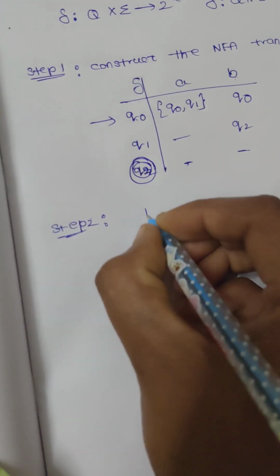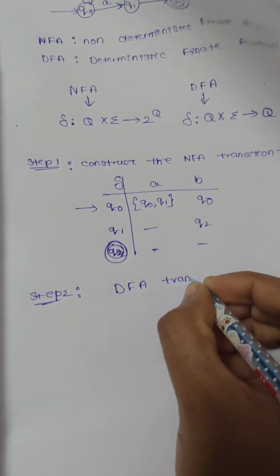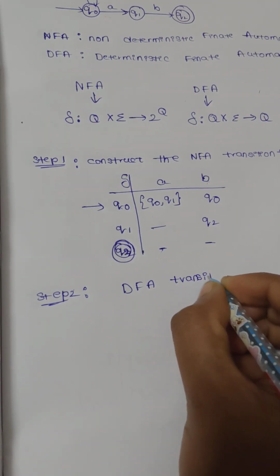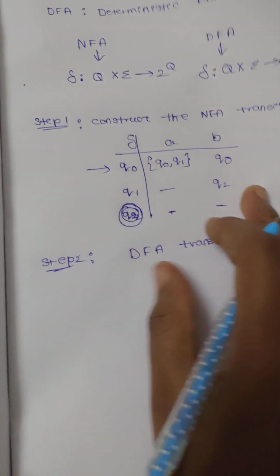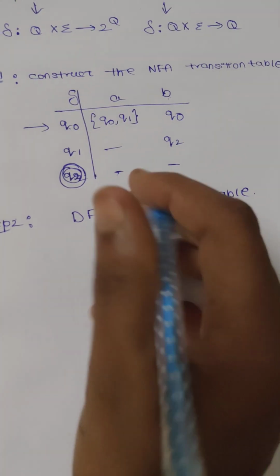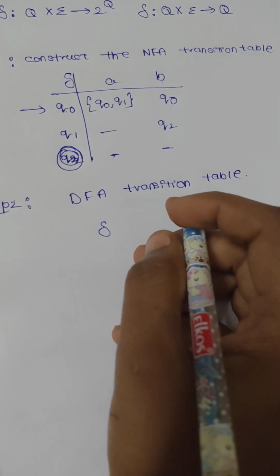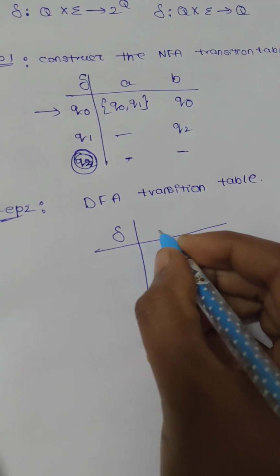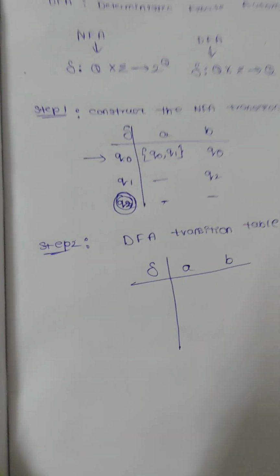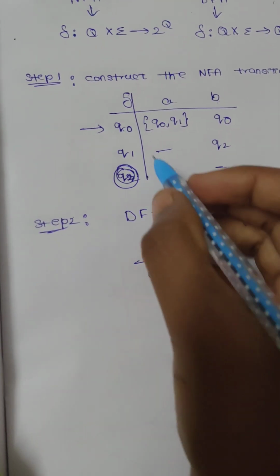The DFA transition table. We construct the DFA transition table based on the NFA transition table. So this is the transition function, and these are the input symbols, and this is the initial state.